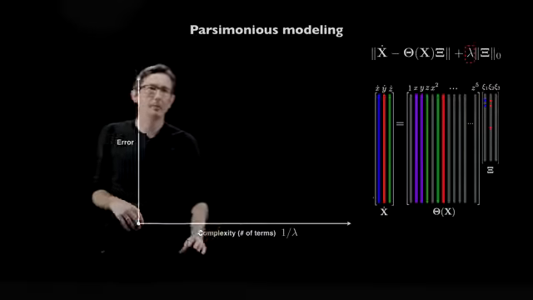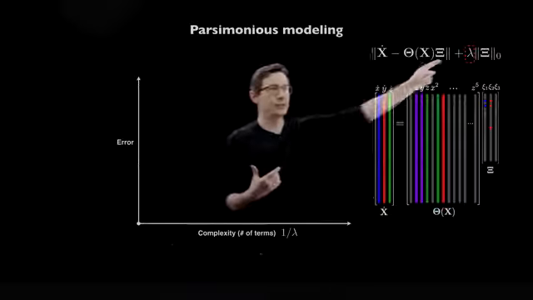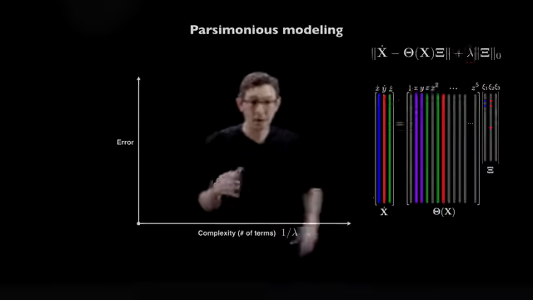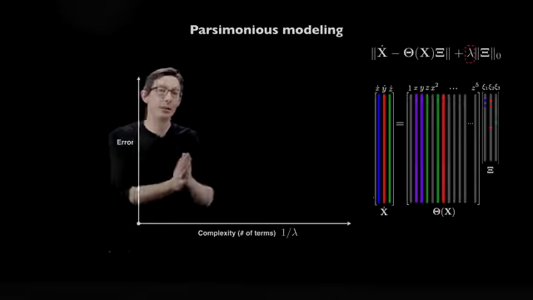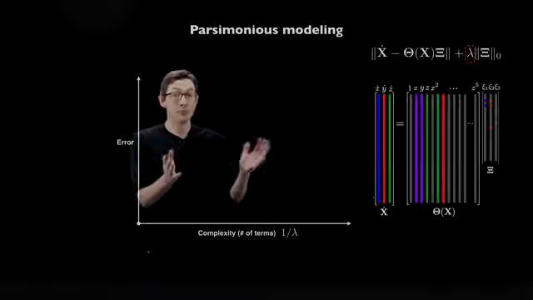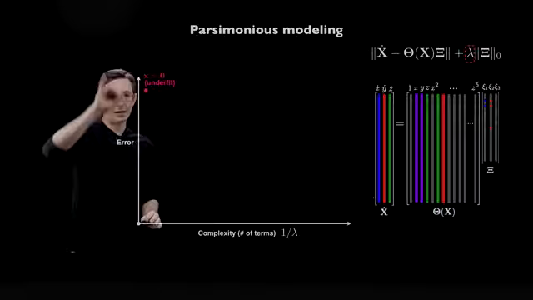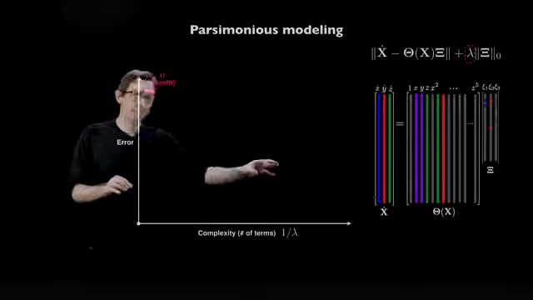So I want to talk a little bit about that in the context of this dynamical systems modeling. So again, we have this lambda parameter, which is what allows us to control the sparsity. And so as I increase or decrease lambda, I'm going to get models that are more or less complex. Okay? And so what we're going to do is plot on this error versus complexity plot the different models we could get.